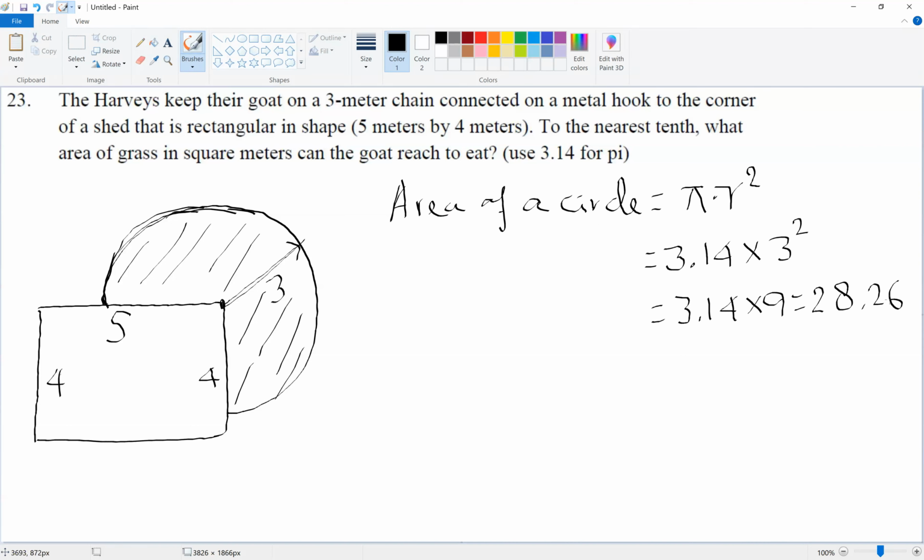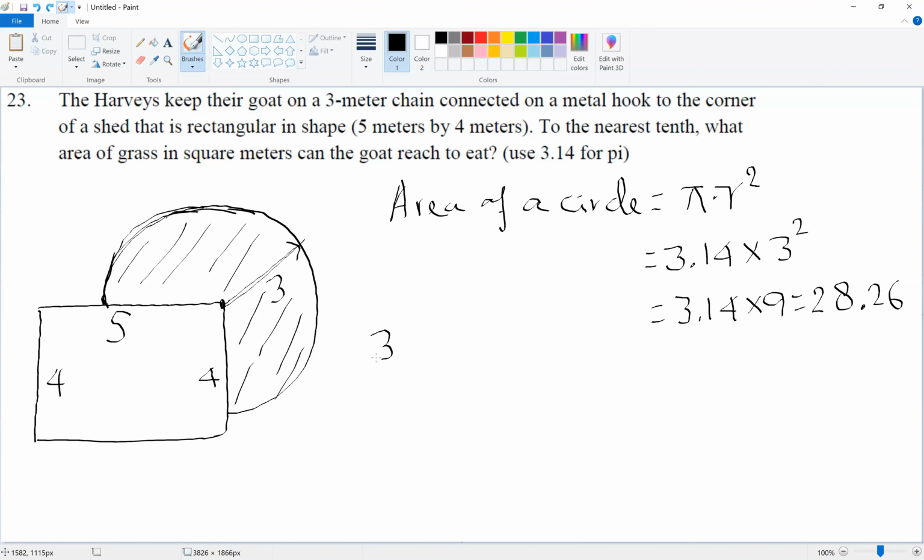Okay, so do you think this is the answer? Well, it's 28.26 square meters. No, it's not. Can the goat go here? No. Oh, don't you have to subtract that? Yeah.